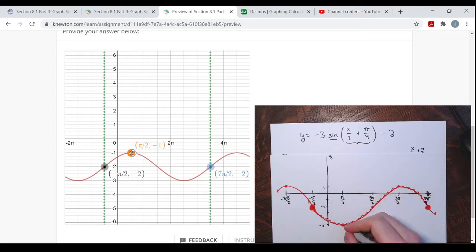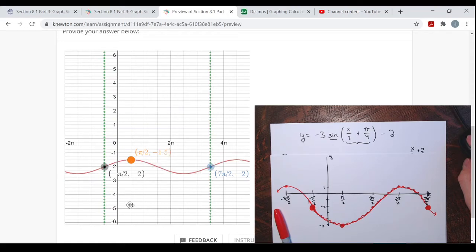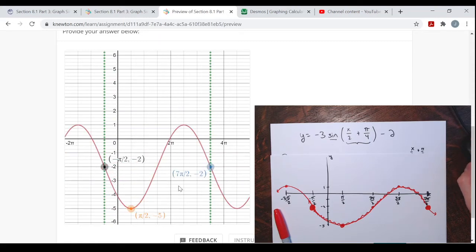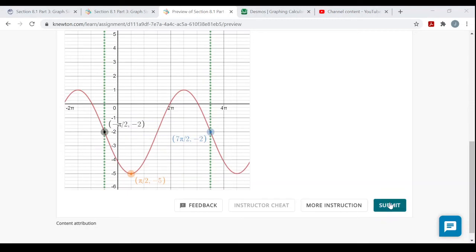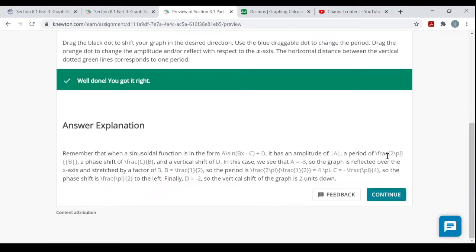And this is the point pi over 2, negative 5. Right now it's at pi over 2, negative 1. I'm going to put it at pi over 2, negative 5. There we go. This is my picture. It looks a little different because it's a computer. It's a much better drawing than I have. But this is exactly where the points on my graph are. All right. So let me get rid of the paper here and submit this. Wonderful.